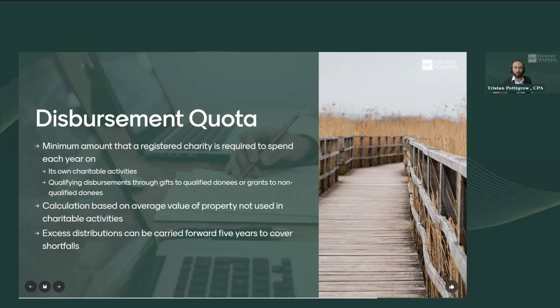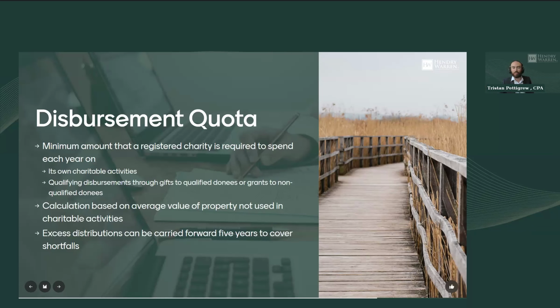But if non-charitable property exceeds those thresholds, a rate of 3.5% will be applied to the non-charitable property. If that non-charitable property exceeds $1 million, the excess over $1 million has a rate of 5% applied to it instead of 3.5%.